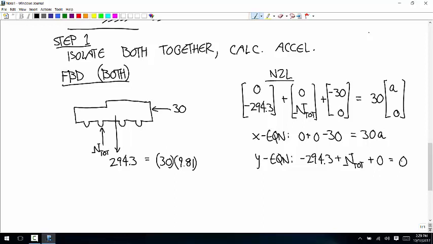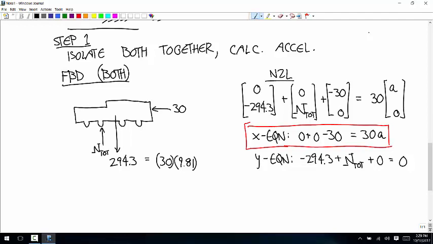What we want to know is the acceleration. So this is the equation that we care about. The other one would let us calculate that normal force, but the problem doesn't ask for that.